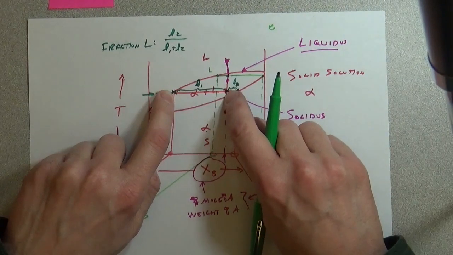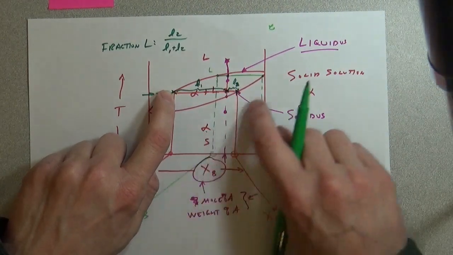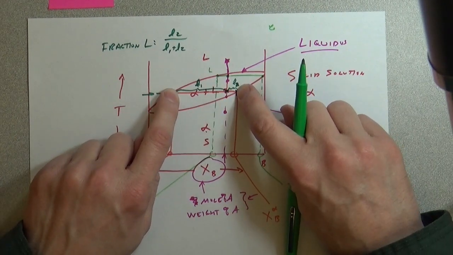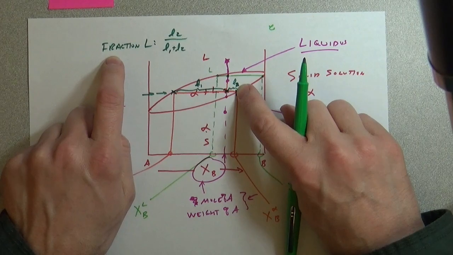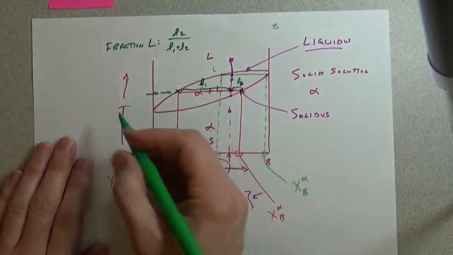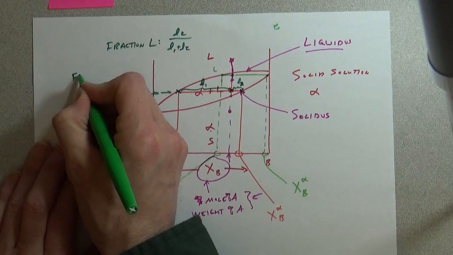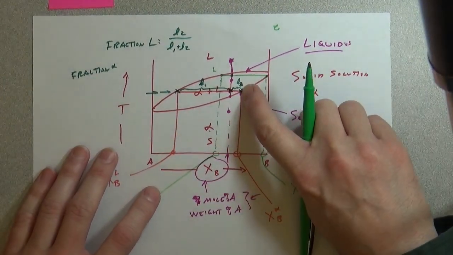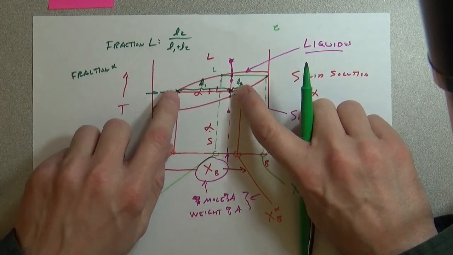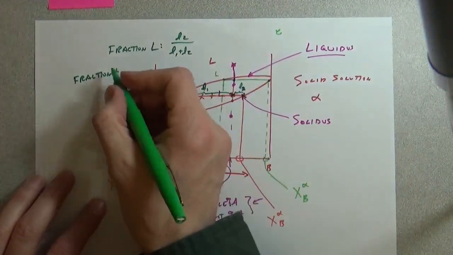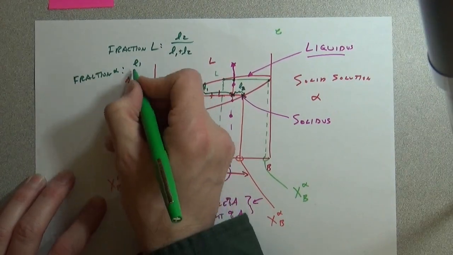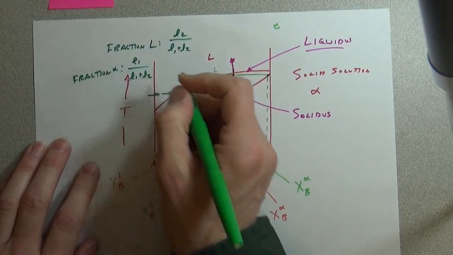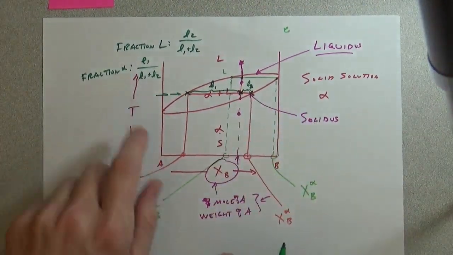We take the place where it touches the liquid, we go to the opposite side, that's L2, and then divided by L1 plus L2, and that tells us the fraction of liquid. If we want to say the fraction of alpha, well, alpha, that's where it touches the solidus, so we take L1 and divided by the total length, L1 plus L2. And that's how we determine the fraction of alpha.